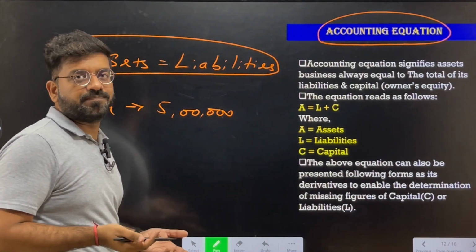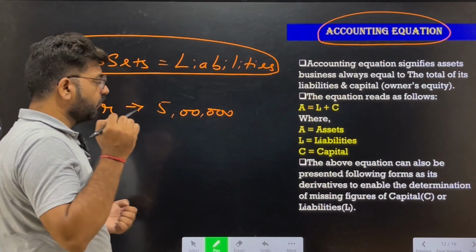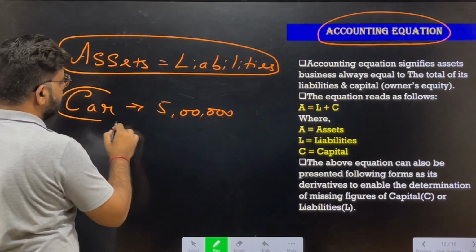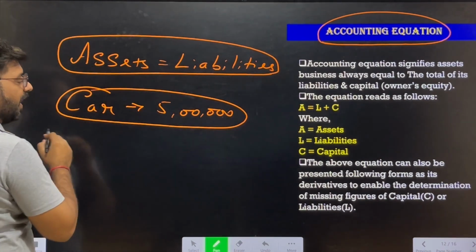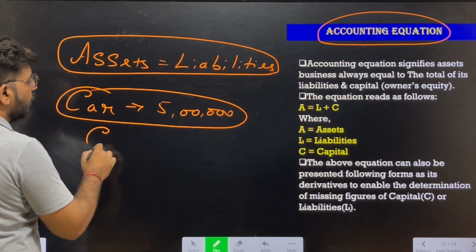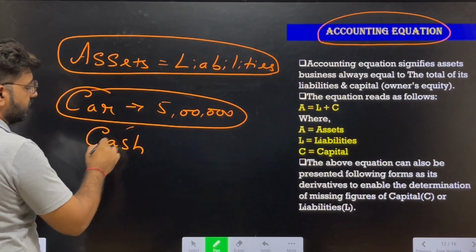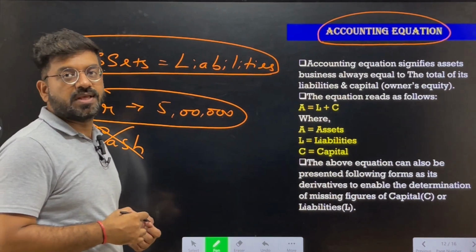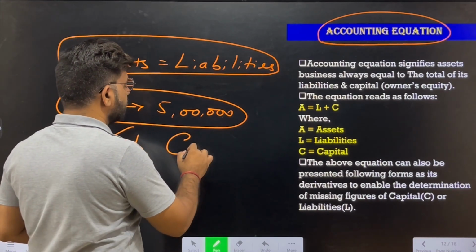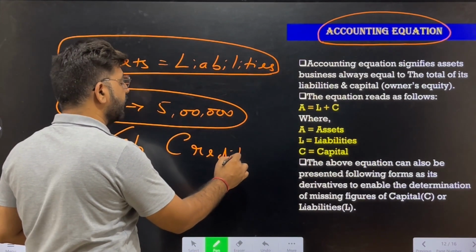How is it possible? It is possible, for example, if you have purchased this car for rupees say 5 lakhs and you have not paid the cash immediately. You have not paid the cash, but you have purchased this car on credit.